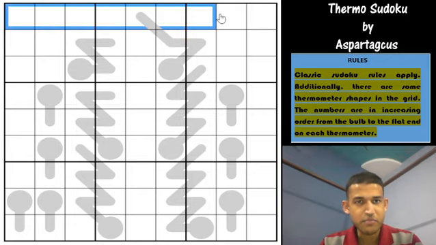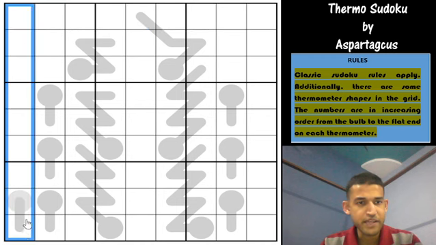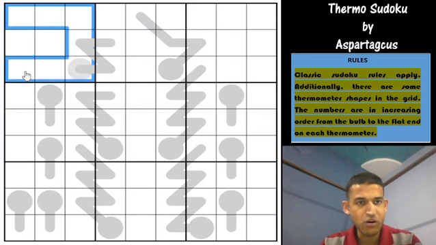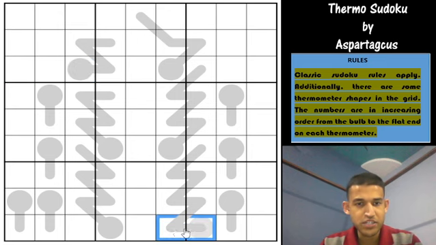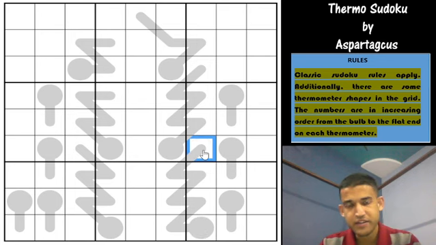Standard classic rules apply. So each row, each column and 3 by 3 box in the grid will have digits from 1 to 9, no repetitions, and digits on each of these thermometer shapes. Thermometers are nothing but gray lines that you see in the grid which have a round bulb at one of the ends and a flat end at the other end.